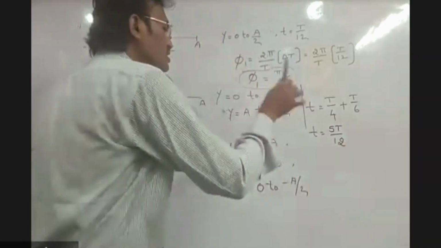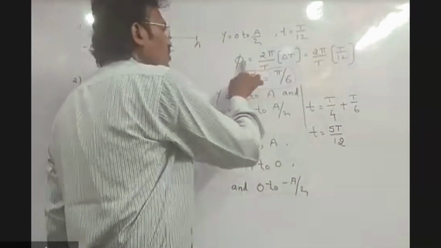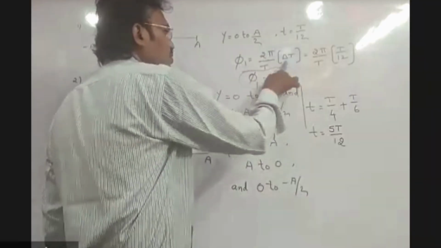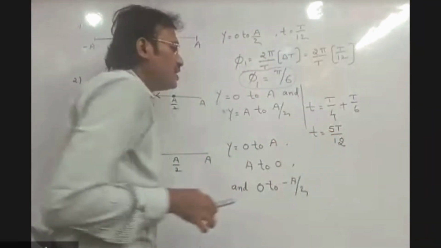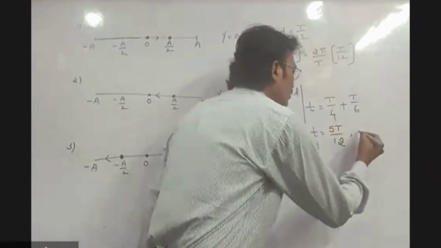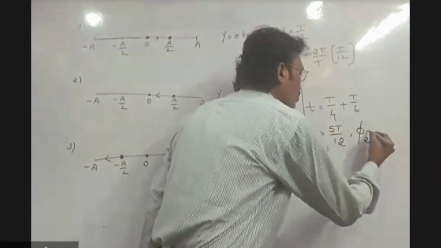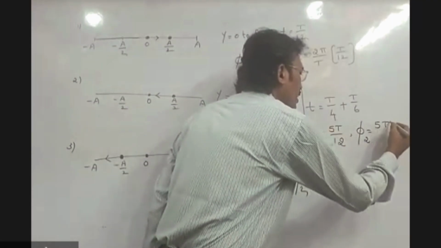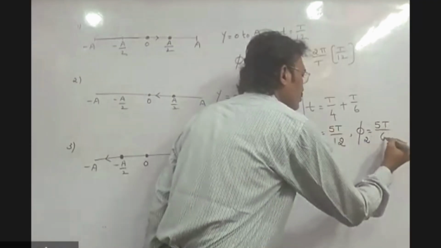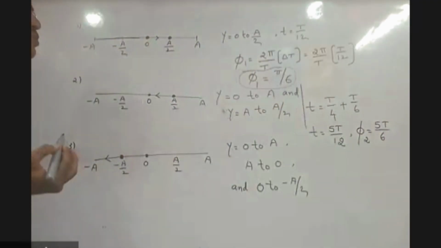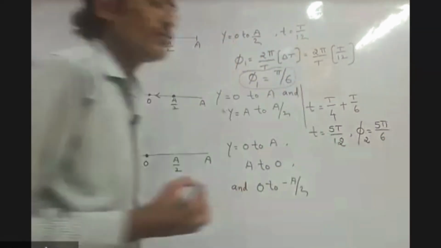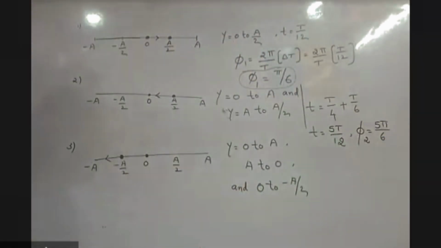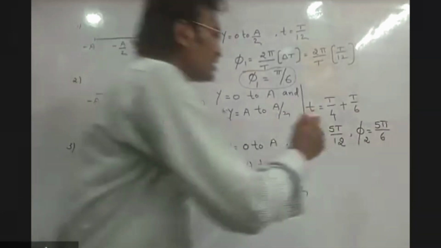Again, if you substitute this time in the formula phi is equal to 2 pi by capital T into delta T, in the delta T place 5T by 12, then you will get the phase difference as phi 2 is equal to 5 pi by 6.